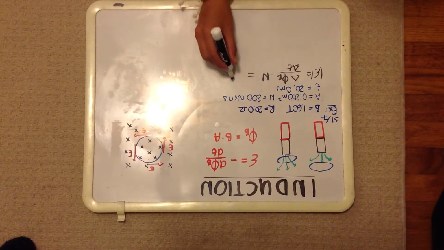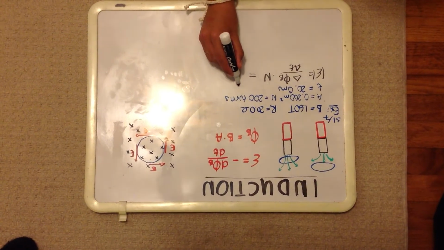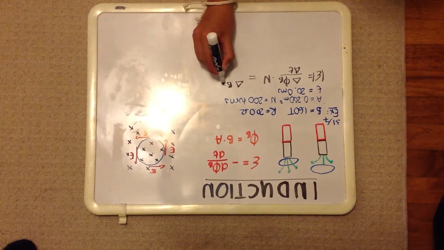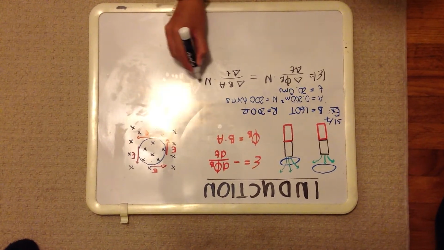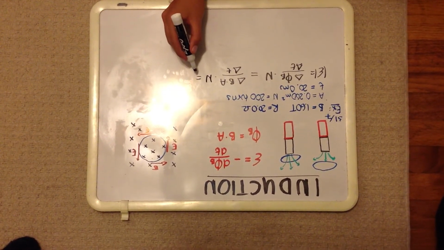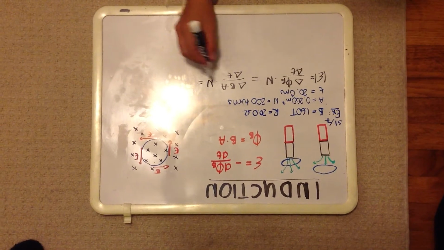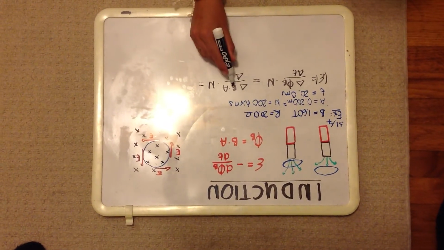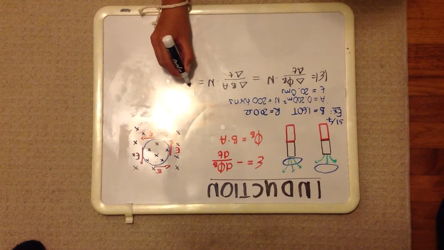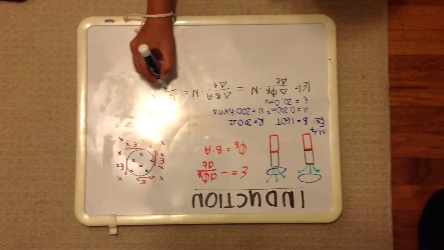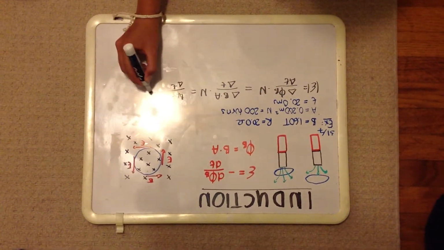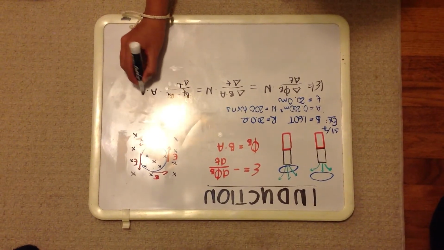The change of magnetic flux is the change of B times A over the change in time times the number of turns. The change in the magnetic field will be B final minus B initial over the change in time, times the area, times the number of turns.